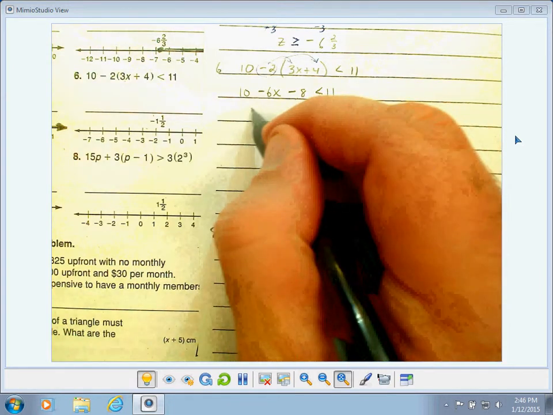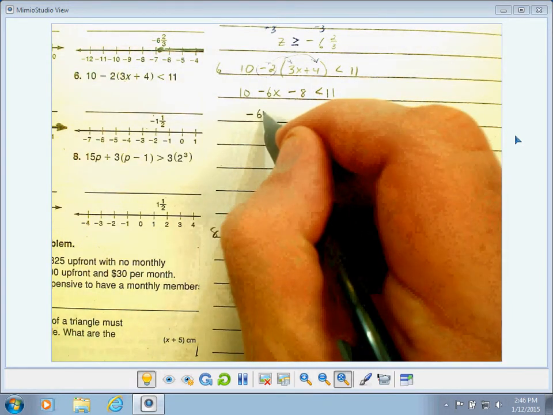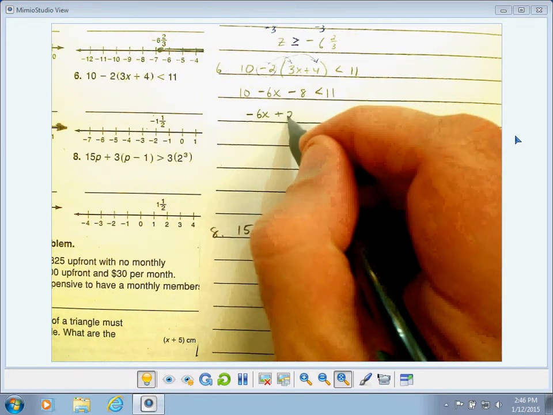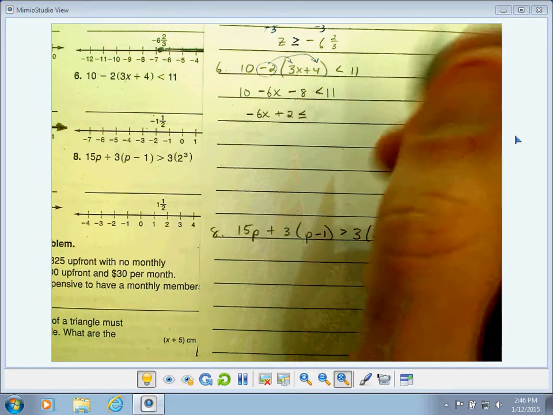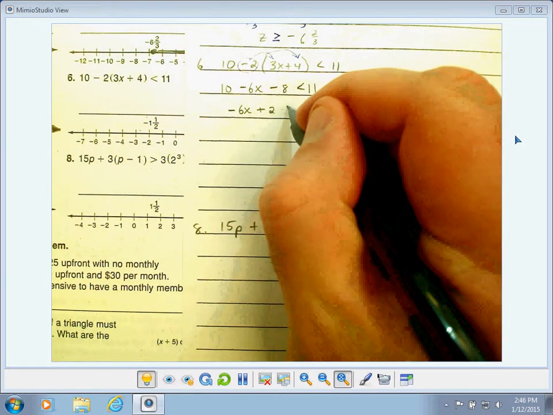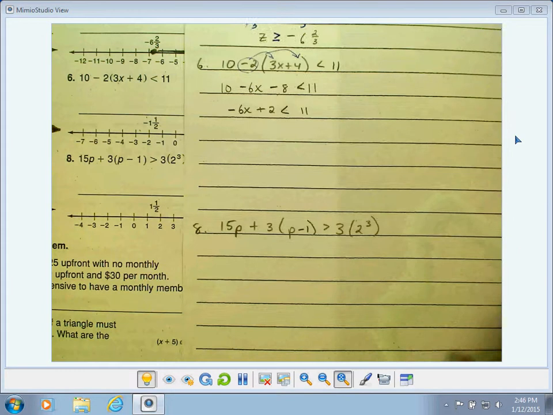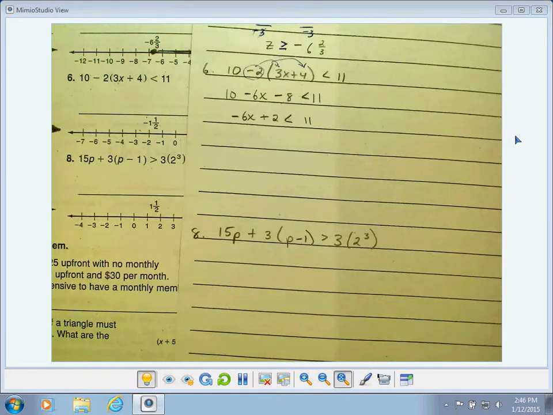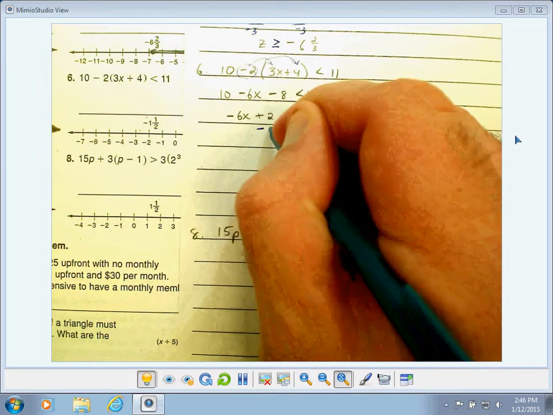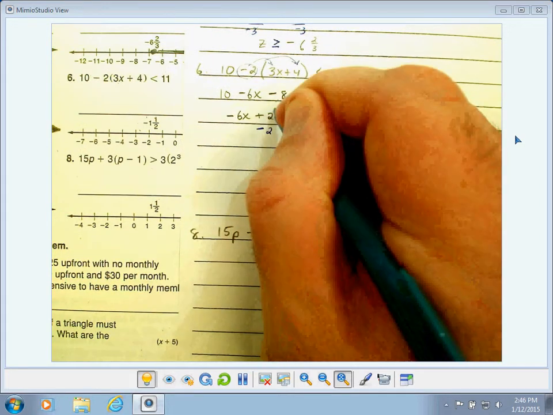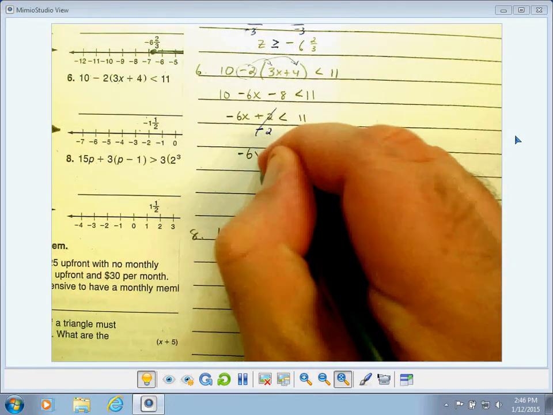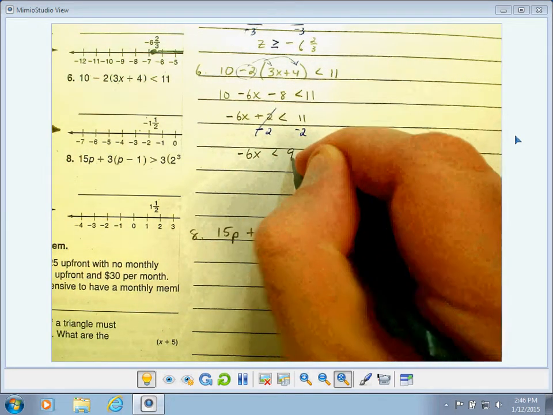So what we really have here is negative 6x, and 10 and negative 8 actually work out to positive 2, less than 11. So again, we're back to the normal kind of problem we've been working on. The plus 2 should go away by minus 2 on both sides. And I now have negative 6x less than 9.